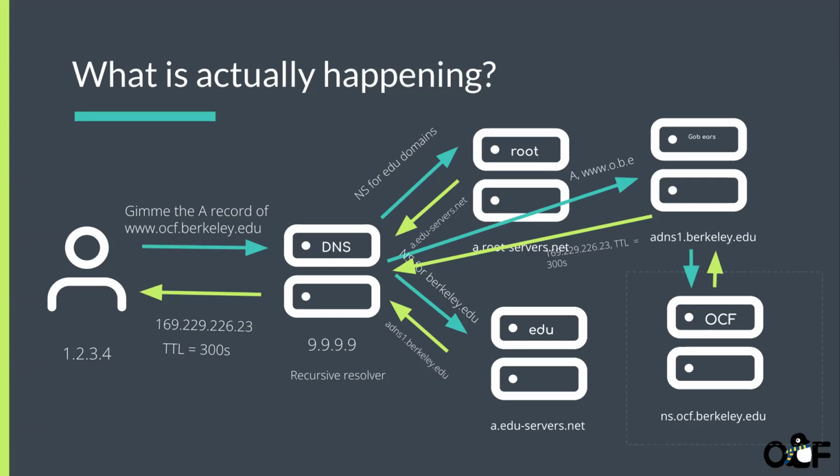I didn't realize this at first, but instead of just setting an NS record for OCF, it does its own. So Berkeley has this server as actually authoritative, and then they just delegate to us on their side instead of sending back an NS record. Does that make sense? So that's a special case.